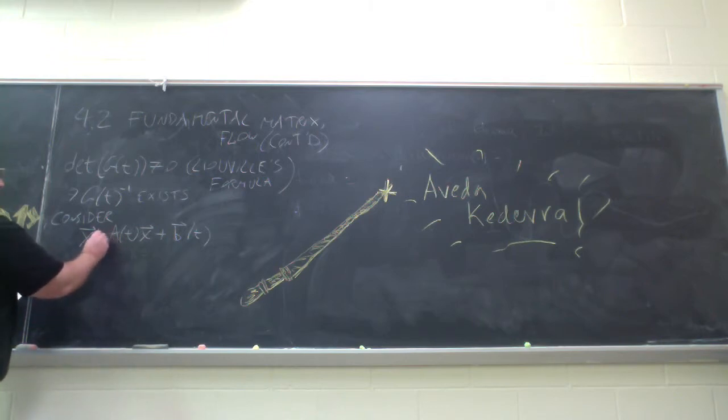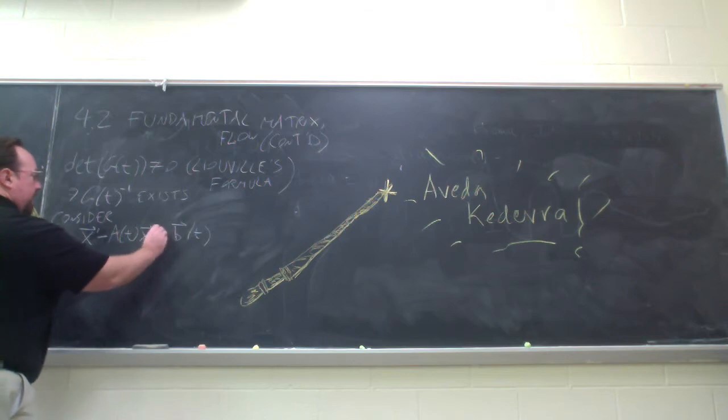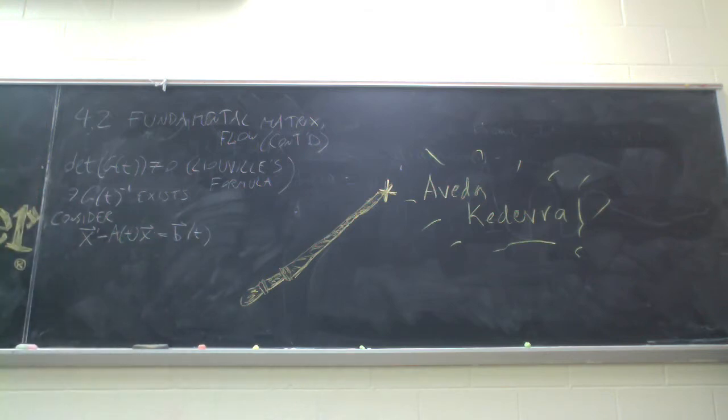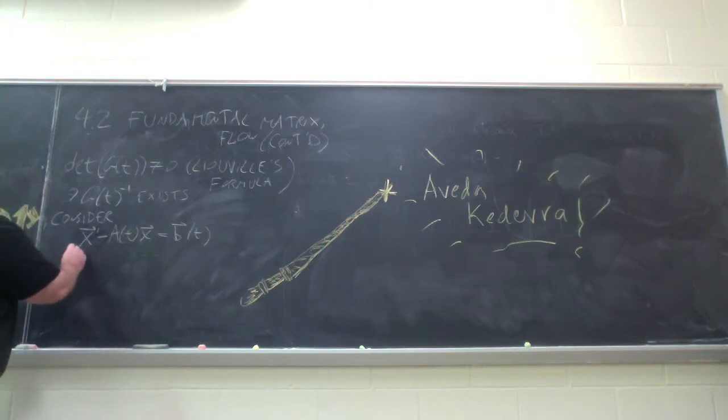I'm going to move the first term to the other side and write it like that. And then we'll multiply both sides by G inverse.